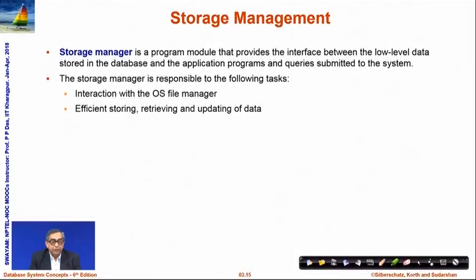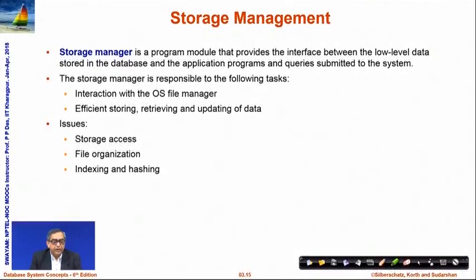It is responsible to make sure that if there are certain problems in the file system, the data is not corrupted and so on. So, the issues involved are the access to the storage, the organization of the files, and very importantly indexing and hashing, and we will talk about the concept of indexing later in the course.